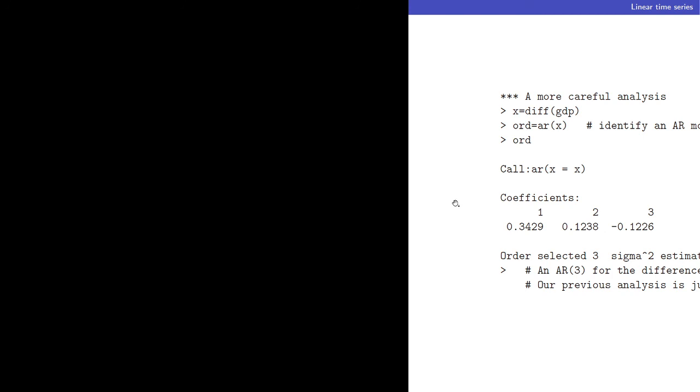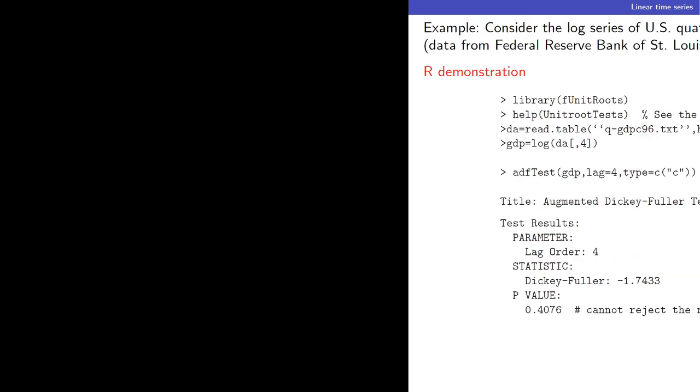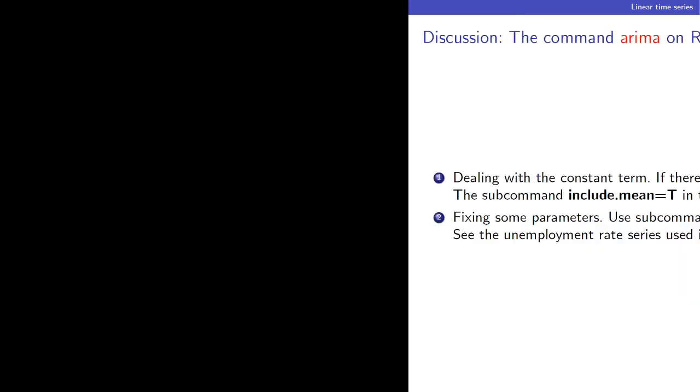So we can confirm that the difference data verifies an AR3 model. Now look at how small sigma squared is. So our previous analysis, this Dickey-Fuller test, is justified, indeed.